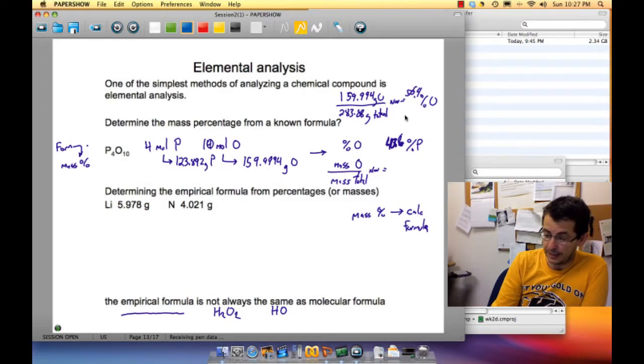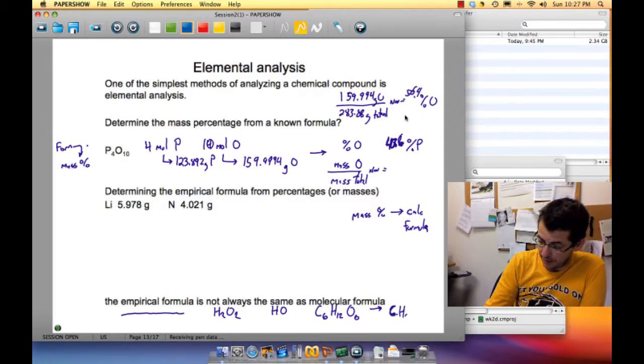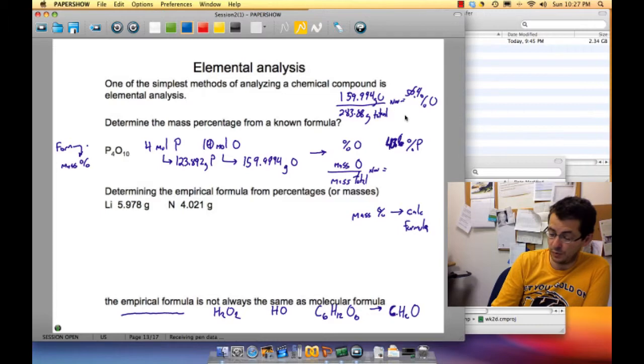Something like many sugars, C6H12O6, the empirical formula would be CH2O. Is a reduction of all of the formula to the simplest whole number ratio.